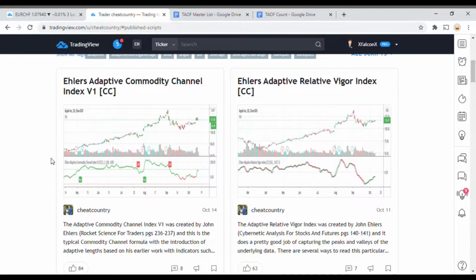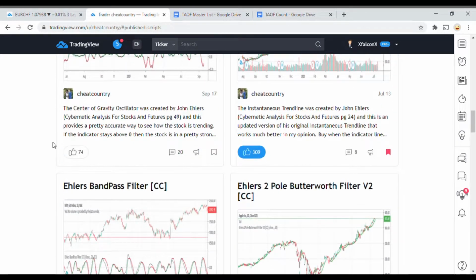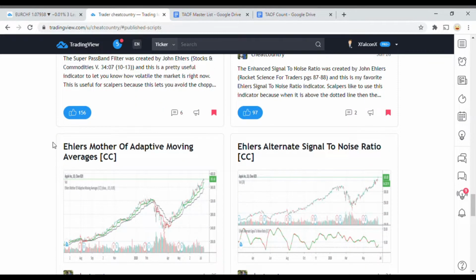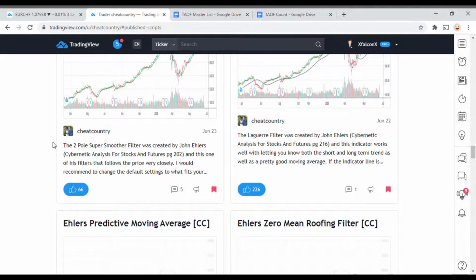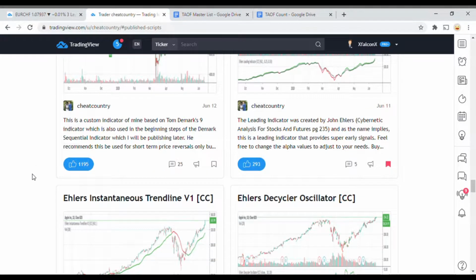And so it is definitely something that if you are interested in the Ehlers indicators, then you should definitely go to this creator's page and you should start working your way down through these different indicators and looking at them and seeing how he suggests that they be layered with each other.